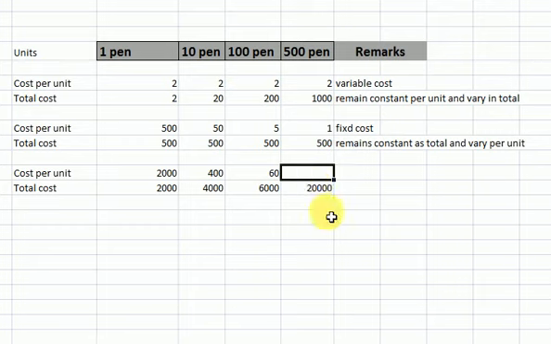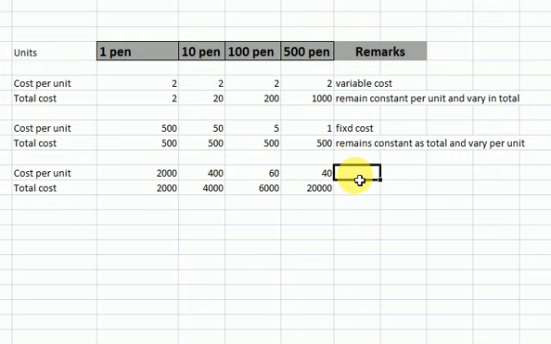And now 20,000 is the cost of how many pens? That is of 500 pens, so the per unit cost will be 40. Look at this: this cost is neither the same nor equal per unit, nor equal in total.